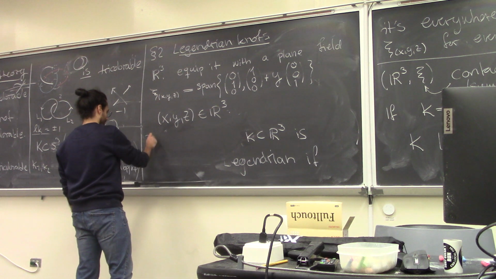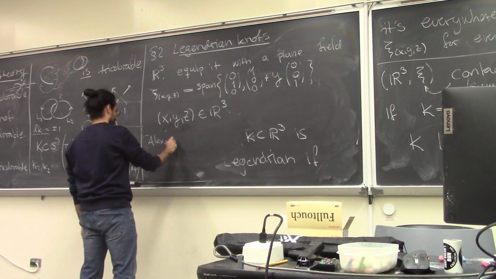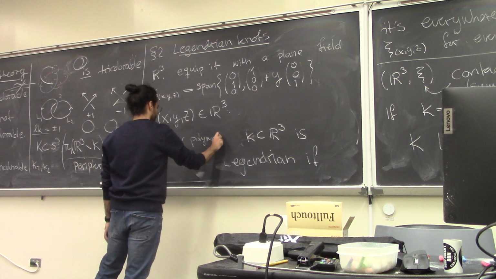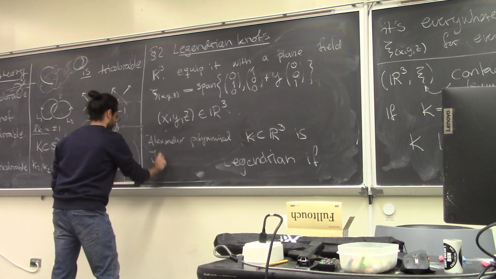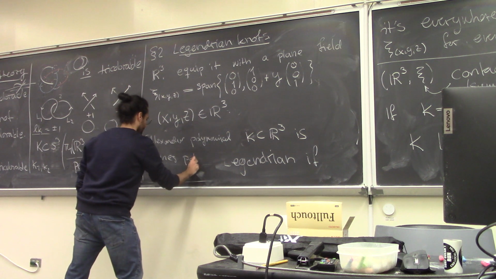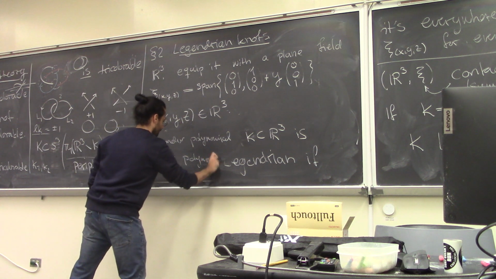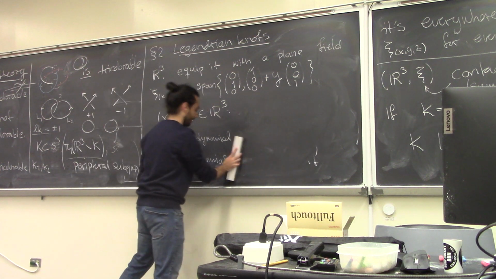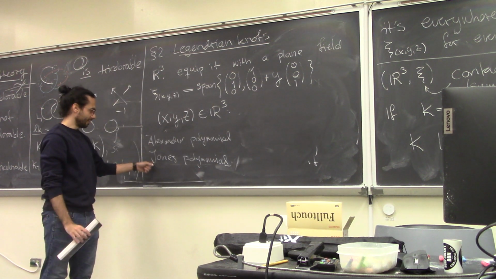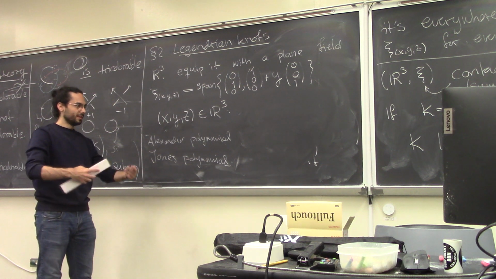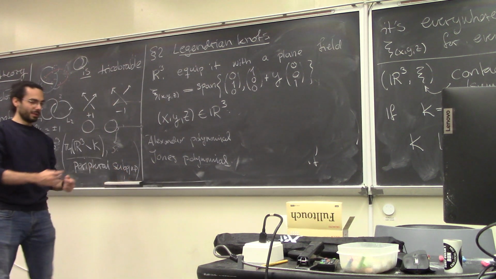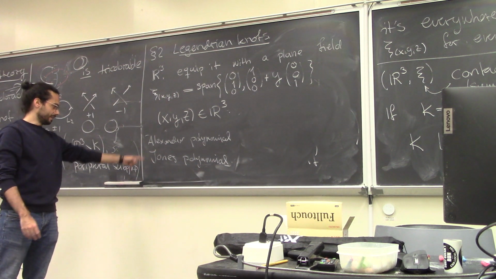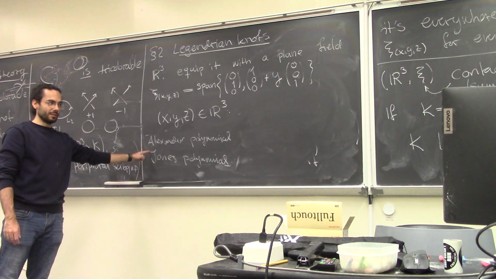There's something called the Alexander polynomial, and there's something called the Jones polynomial. As the names suggest, they're polynomials. These Alexander and Jones polynomials are very combinatorially defined. They're basically defined using pictures, and that gives you a polynomial.